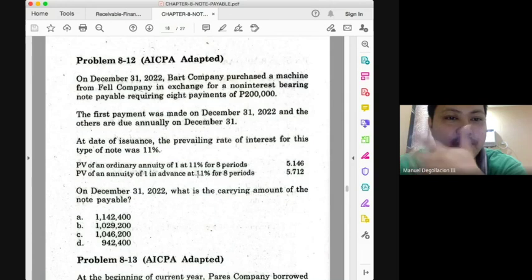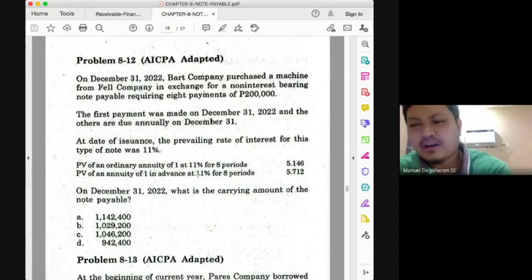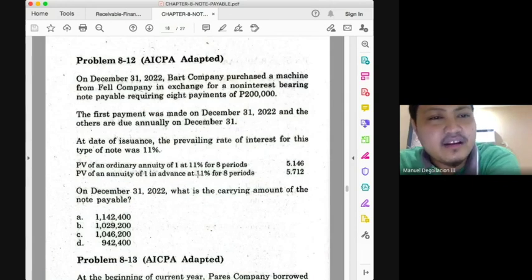We're expected to make a payment on the same date that we are issuing the promissory note. Okay, and that is exactly the case here. We issued the promissory note on December 31, 2022, but also on the same date, we will be making a 200,000 payment already.